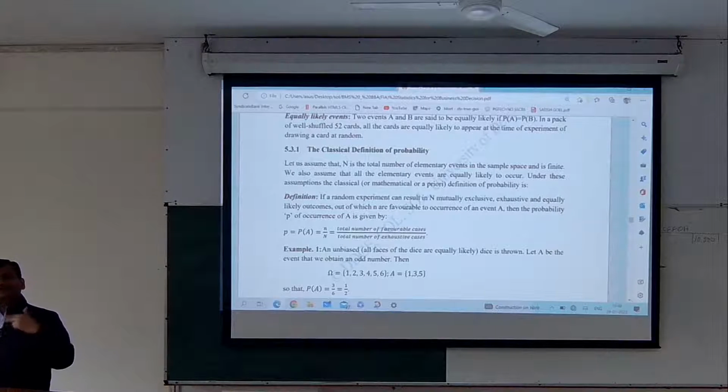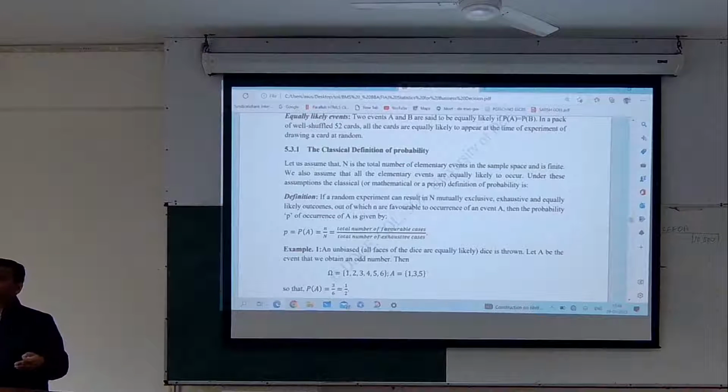So the red card can be any of the 26 cards. So total favorable cases for a red card are 26, and total possibilities are 52, because your card can be anything, it can be black also.